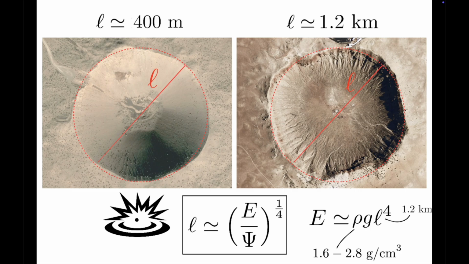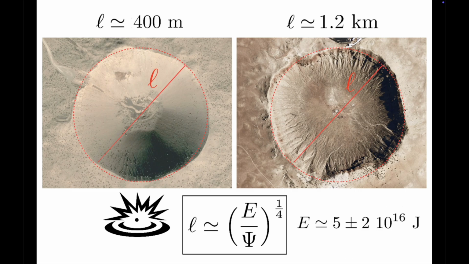So the energy of the impact estimated in this way should be between 3 and 7 times 10 to the 16th joules, or roughly 10 megatons of TNT equivalent, which, unsurprisingly, matches the official estimates, since they were typically computed using the same hypothesis, namely that the physics of Meteor Crater is similar to that of an explosion crater like Sedan.